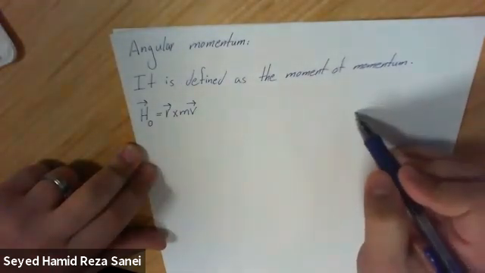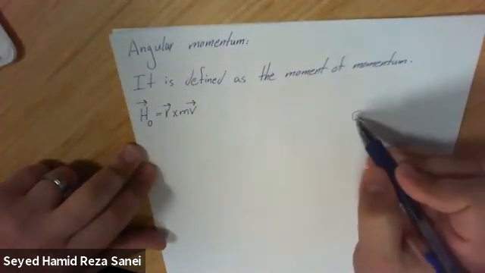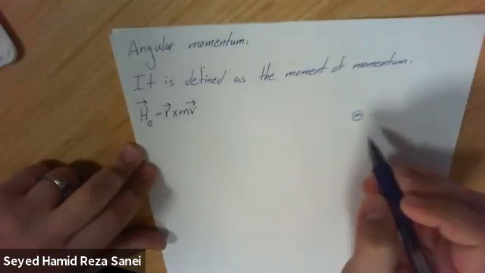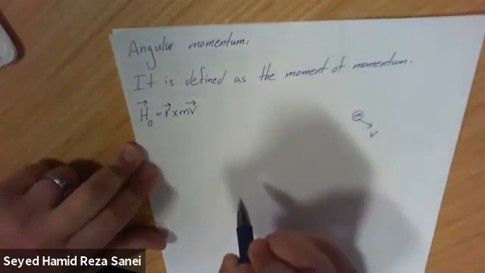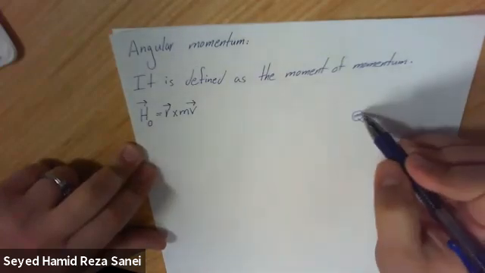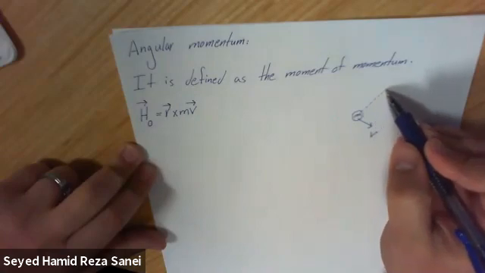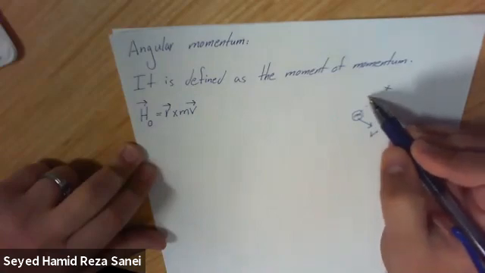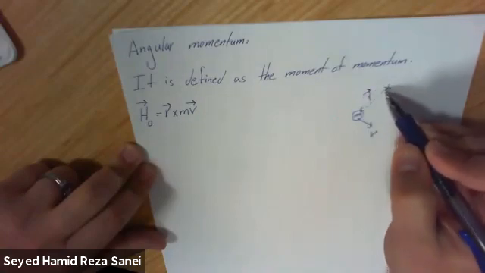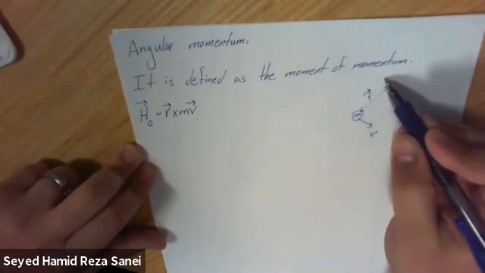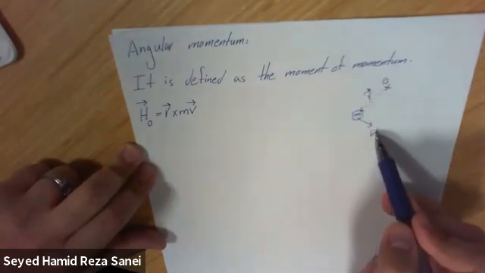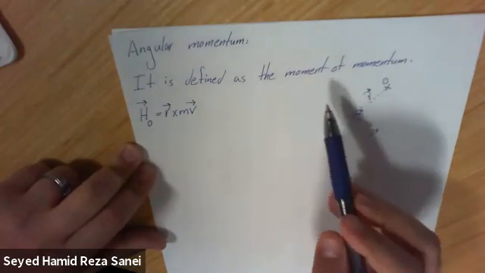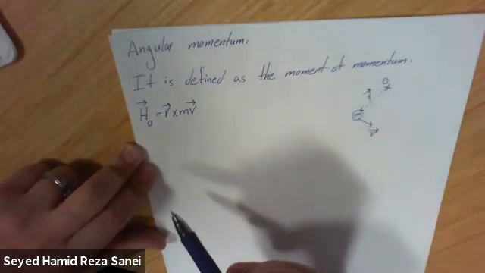So if we have an object here with mass m, and it has a velocity, therefore it's going to have a momentum. That momentum can have an angular momentum about an axis or about a point: R cross v, R cross mv, the moment of momentum.